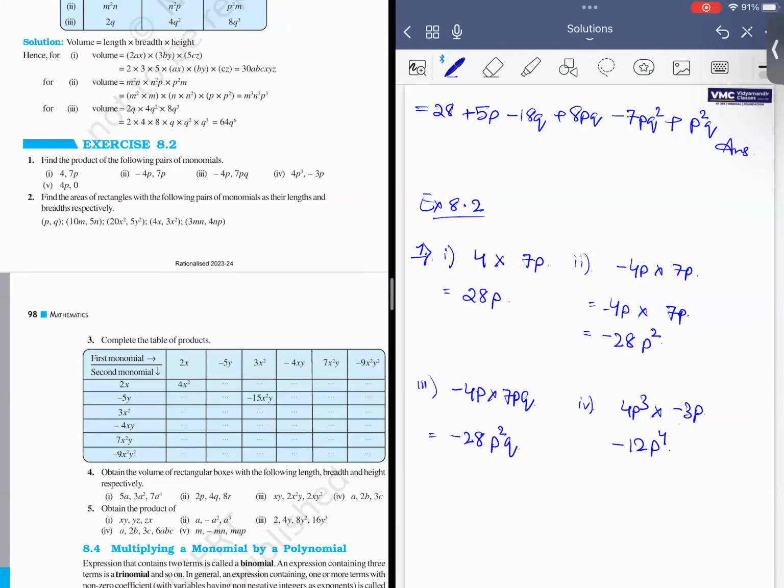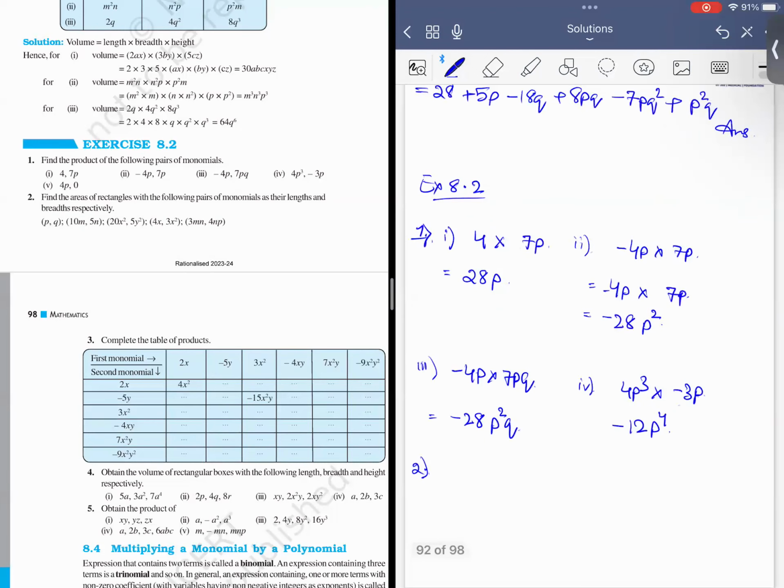Okay. Question number 2 says: find the areas of the rectangles with the following pairs of monomials as their lengths and breadths respectively. That means here, the lengths and breadths are in terms of monomials. So length and breadth is p comma q.